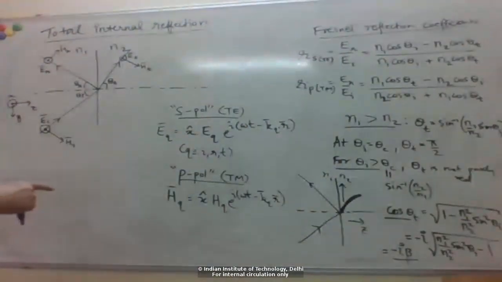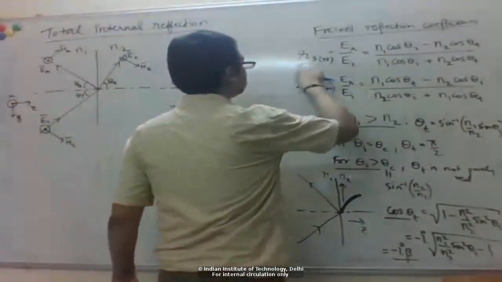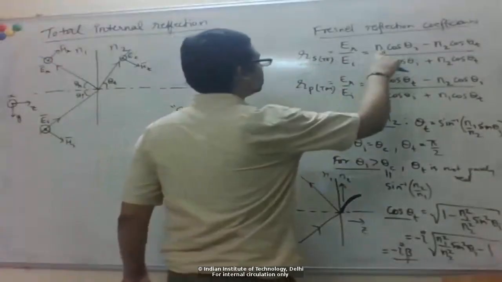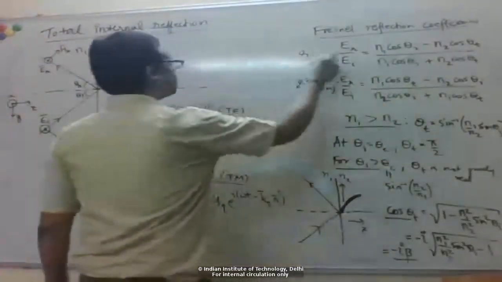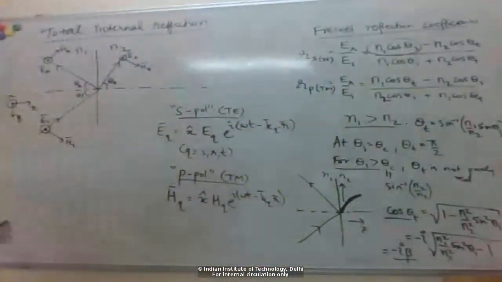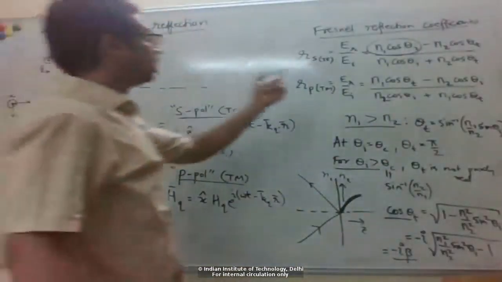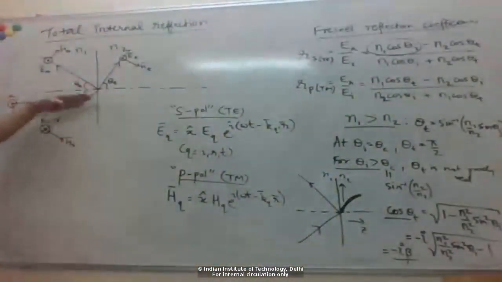Okay, and this. So let's look at the S polarization. So n1 cos theta I is a purely real number, because n1 is a real number and theta I is some angle between 0 and pi by 2.